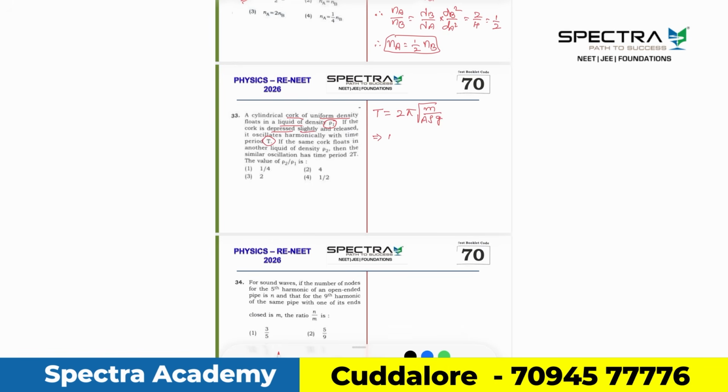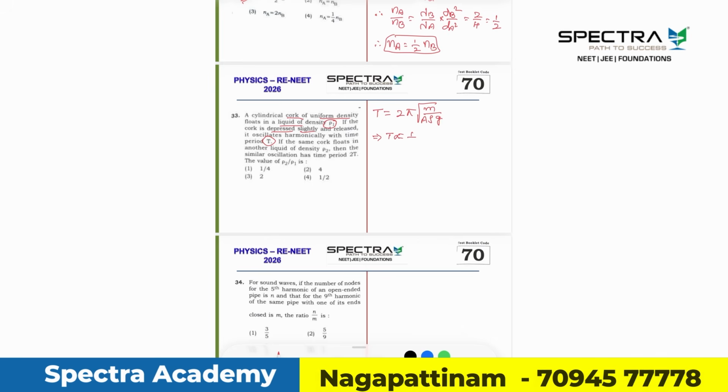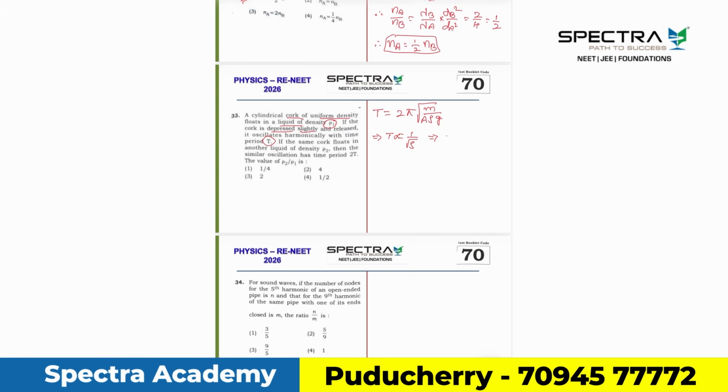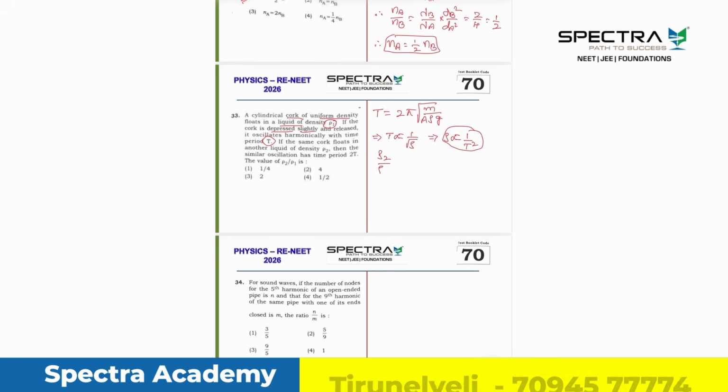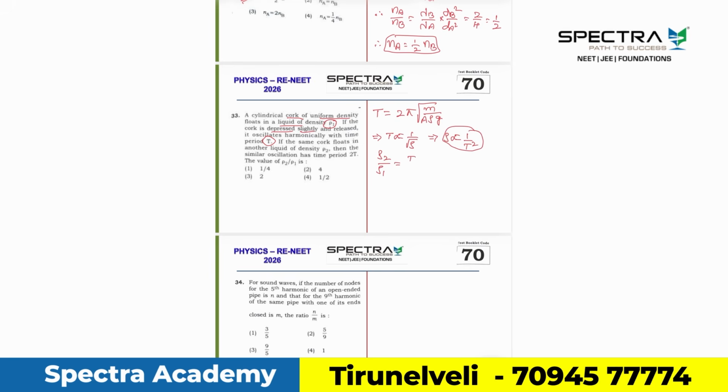So from this we can say time period is inversely proportional to square root of rho, or we can say that rho is inversely proportional to 1 by T square. So using this proportionality relation, you can write ρ2 divided by ρ1 is equal to T1 by T2 whole square. What they are saying, T1 is equal to T and T2 is equal to 2T.